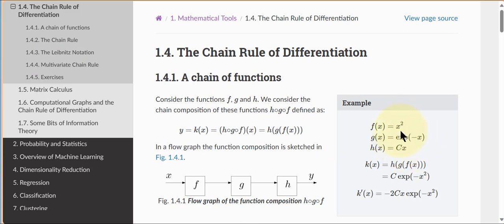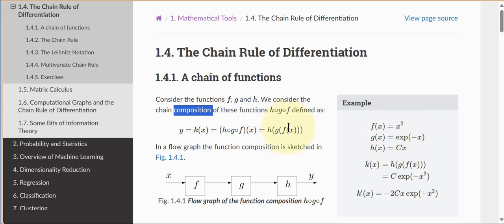Okay, so we have three functions, x squared, e to the minus x, and cx. So we can do what we call function composition. It's written like this, h of g of f. What it means is you start with f and you put it into g. So what does g do? It takes whatever x is and puts it in the exponent for e.